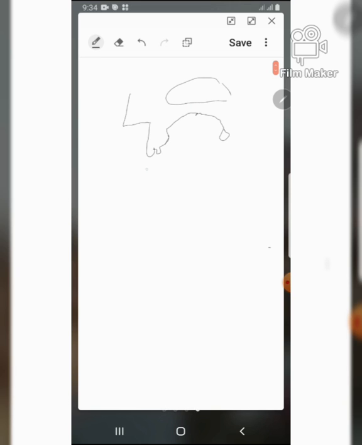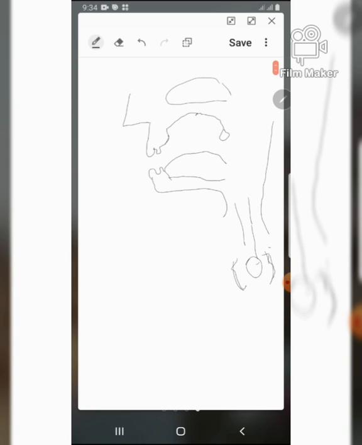We have the lower lip and lower teeth set, and the biggest part in our vocal tract, which is the tongue. We have the back wall of the pharynx right here, and this is the larynx, where we have the vocal cords.